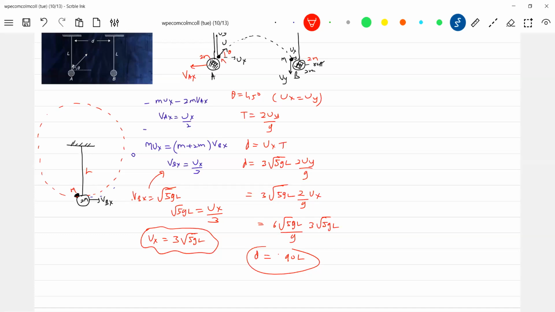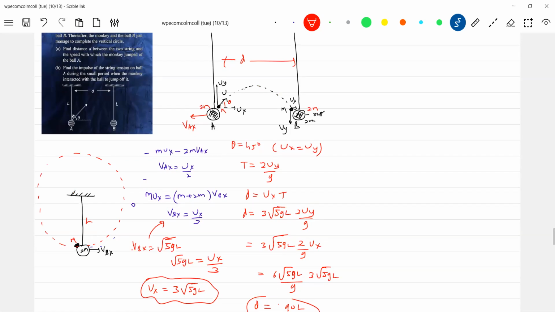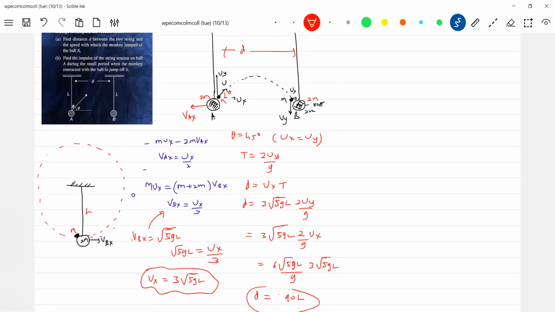Okay, now we got d, so how to get that u? We still have not reached that u. What is being asked? Find the distance d between the string and the speed with which the monkey jumped off ball A. So we got the distance, but we don't know that u still. It is root 2 u_x. Okay, fine.